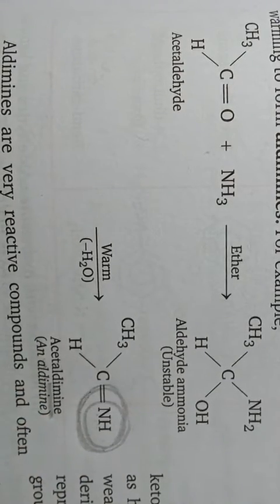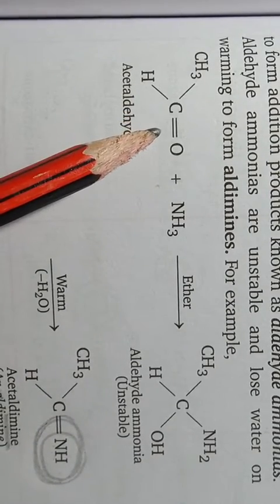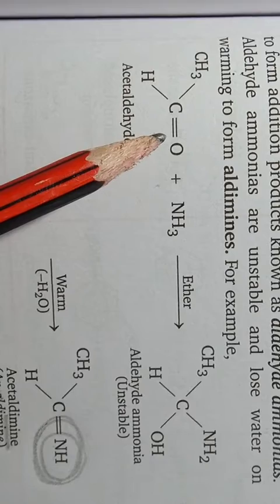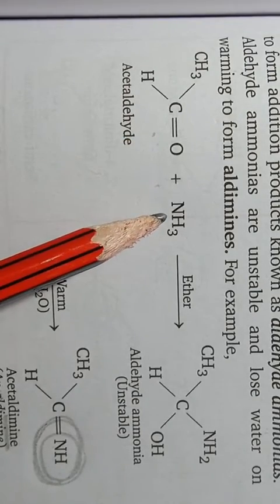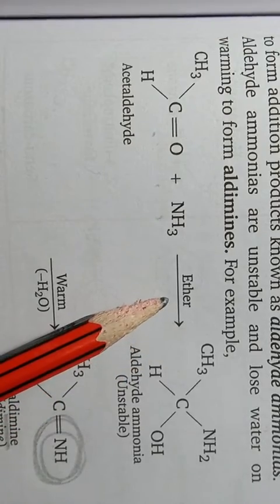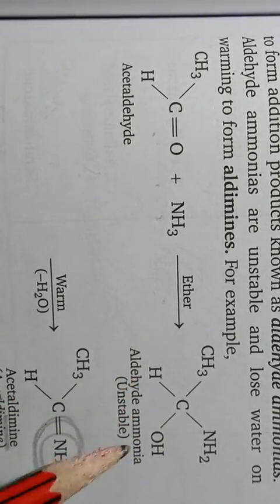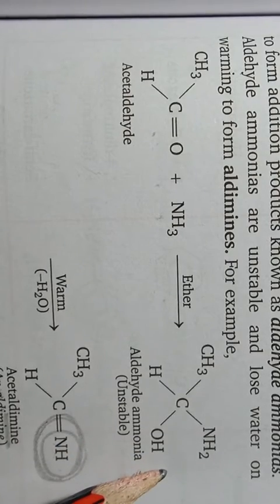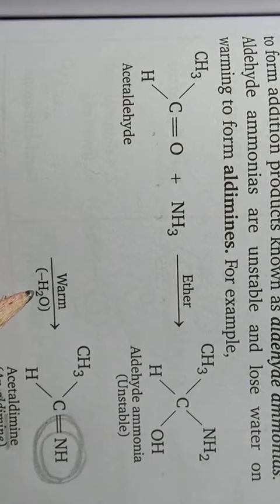Okay students, so when acetaldehyde, which is an aldehyde, reacts with ammonia in the presence of ether, an addition product is formed, and from this addition product a water molecule is removed.